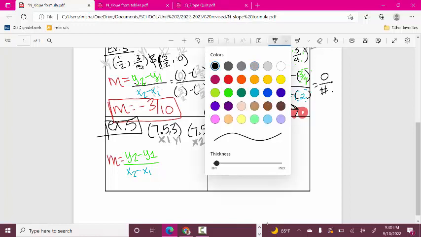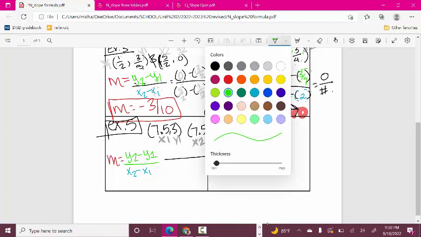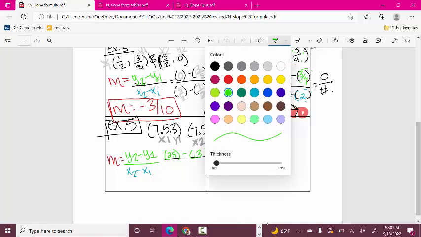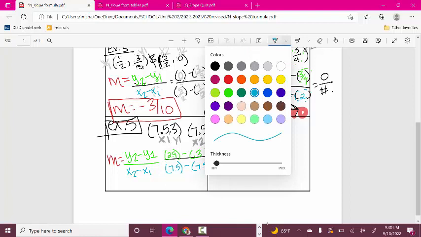So we'll have our fraction bar. And then we've got our set of parentheses for y2, which is 2.9, minus the parentheses for y1, which is 3. And then we've got a set of parentheses for x2, which is 7.5, minus a set of parentheses for x1, which is also 7.5.